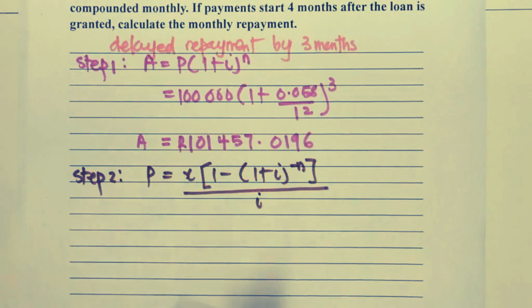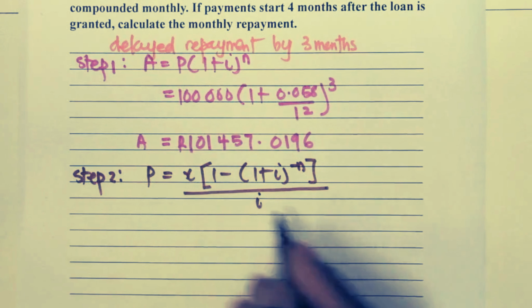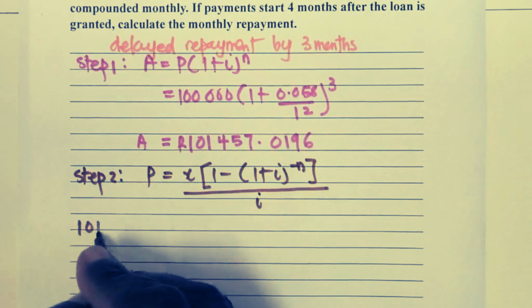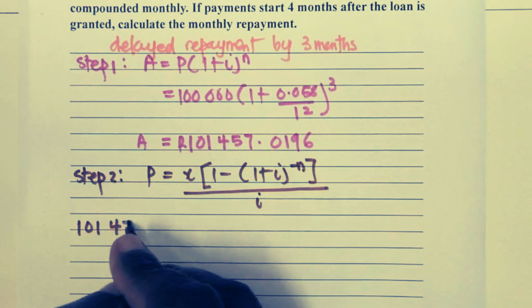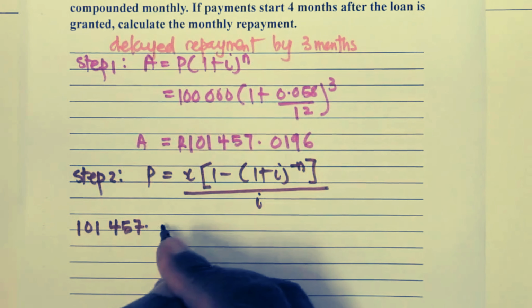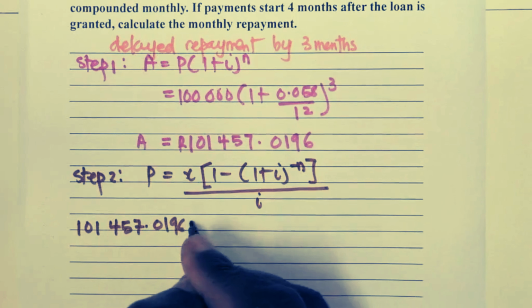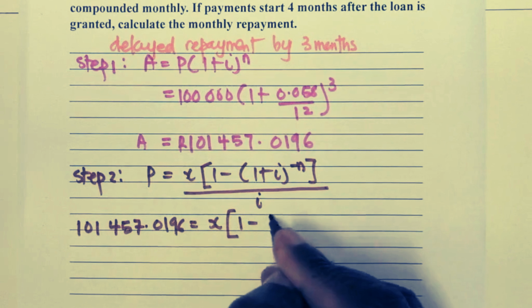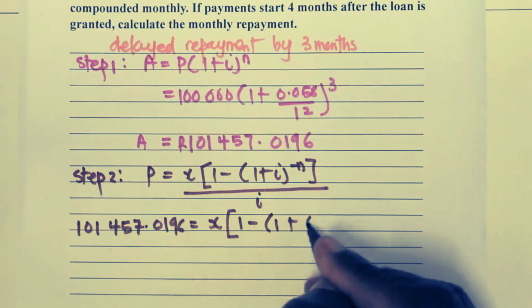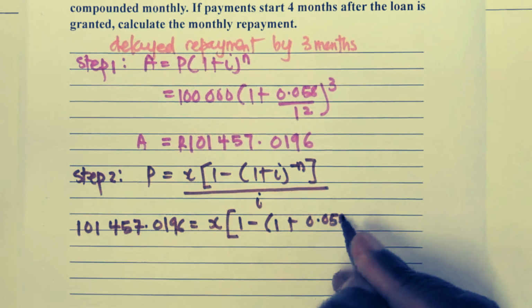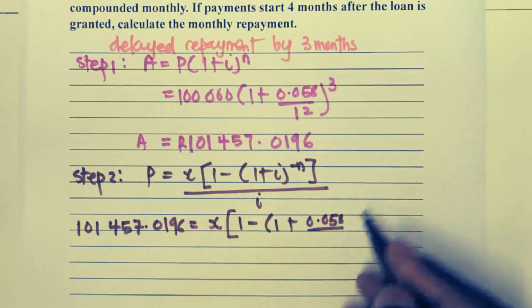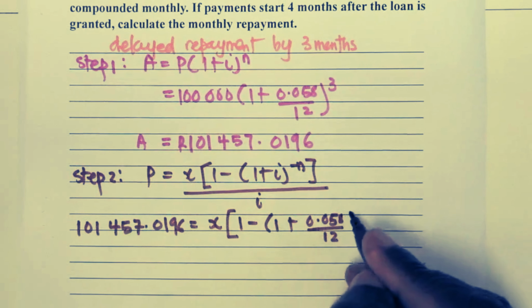And when I substitute here, my new loan amount that I got in step 1 is I'm looking for X. Remember, this is compounded monthly.